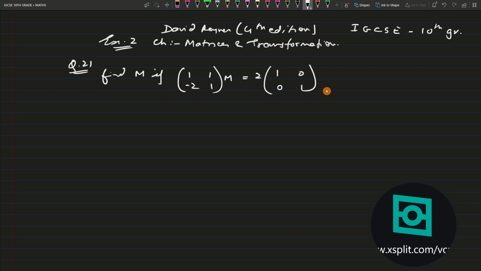Now this is the question. So you have to find out what M is if this is the equation given.